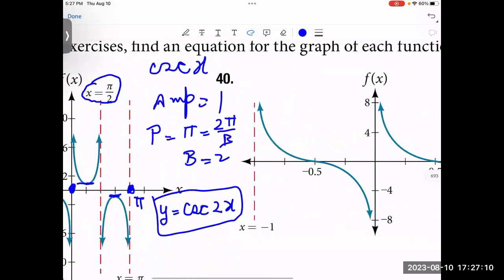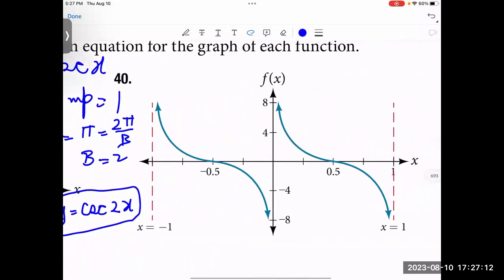Let's look at one last problem. This is number 40. Same thing, we have to find the equation for this. Now, notice that this has a vertical asymptote at x equals 0 also. You just look at the shape of the curve as it's approaching the y-axis.